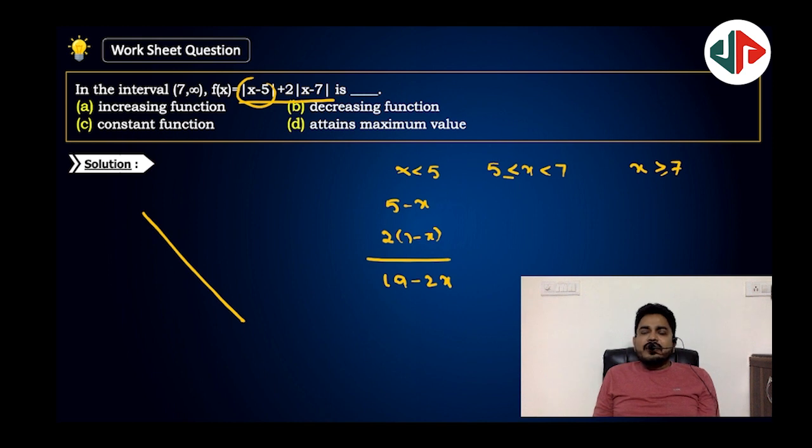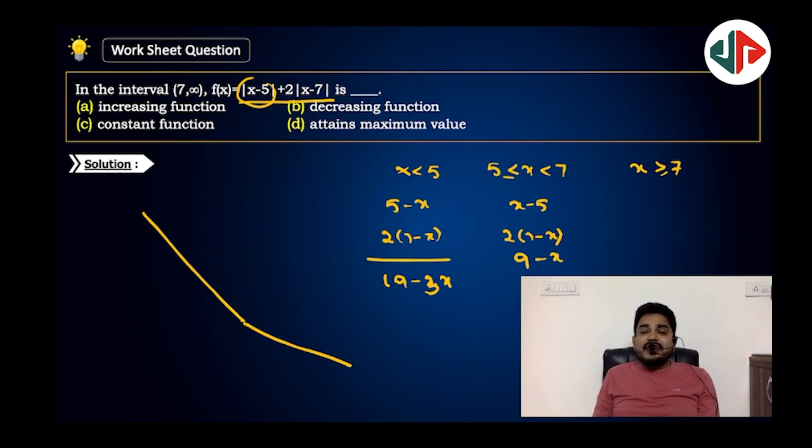In this one, this is x minus 5 and 2 times 7 minus x, minus 2x, so this is 3x, so it is 14 minus 5, 9 minus x. So it will be reducing.